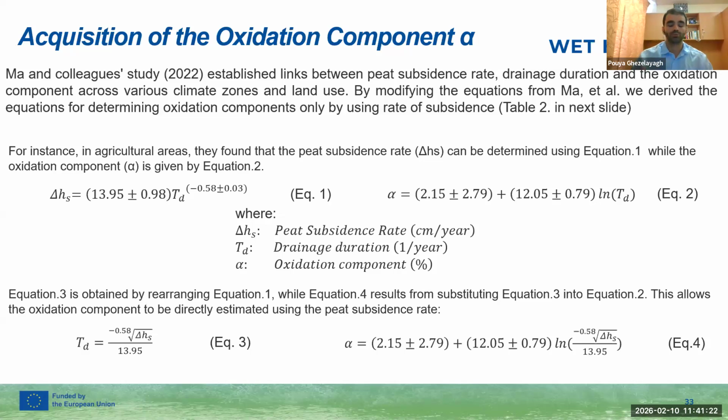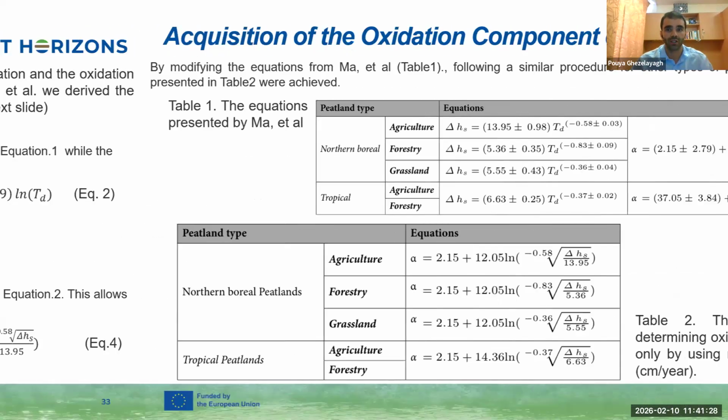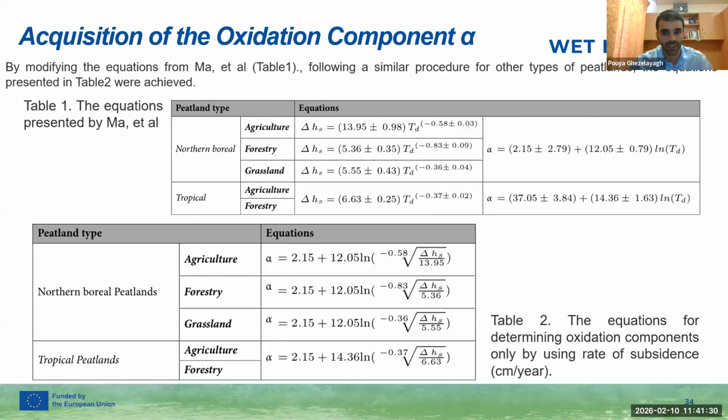By modifying the equations they provide, we propose table number 2, through which you would be able to determine alpha just by having the subsidence rate and peatland type. So far so good. We can determine alpha, and we can detect the peat subsidence rate.